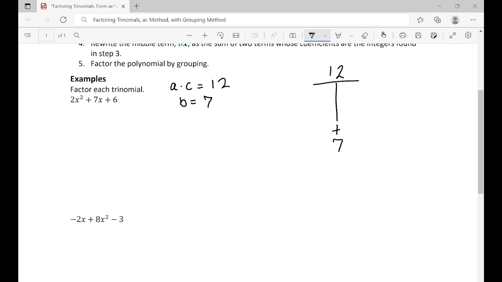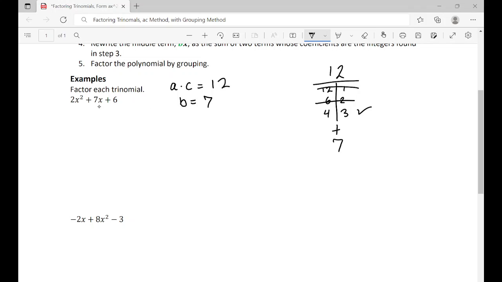So factors of 12 are 12 and 1, 6 and 2, 4 and 3. So looking through here, I can see immediately that 12, 1 and 6, 2 are not going to work. 4 and 3 are what is going to make this work correctly. So here are my factors, 4 and 3.